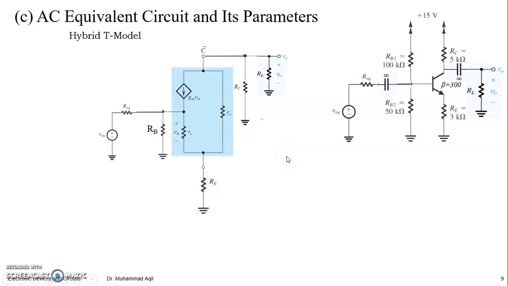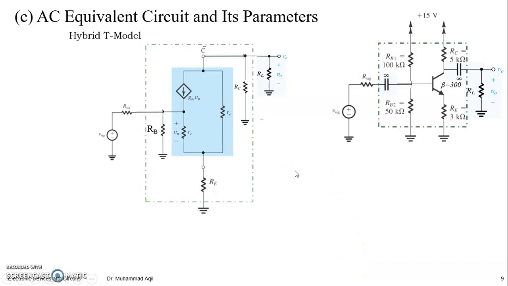Now let's relate the other things. This is the stage of this amplifier. The user has to plug in the DC voltage source, the signal to be amplified, and the load at which the amplified signal is to be loaded.